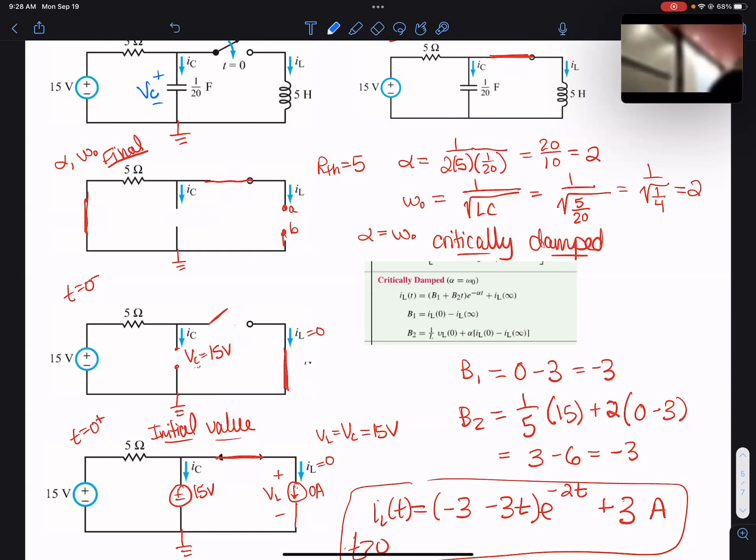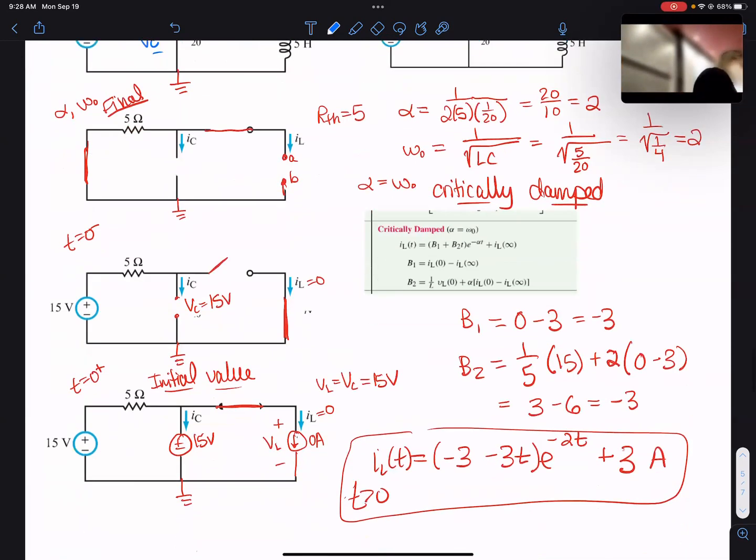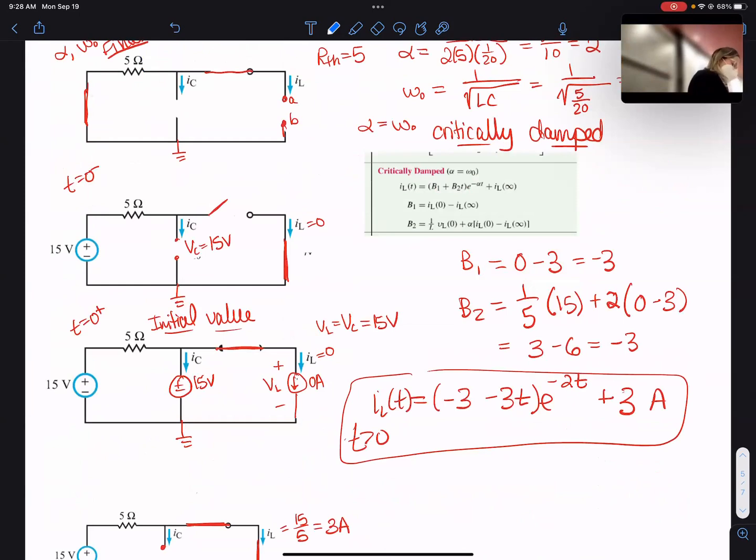There shouldn't be any division, right? If you want to find VC, it should be critically damped here too. So when you find VC of 0, you go to this circuit and VC of 0 would be 15 volts, and then you need IC of 0.